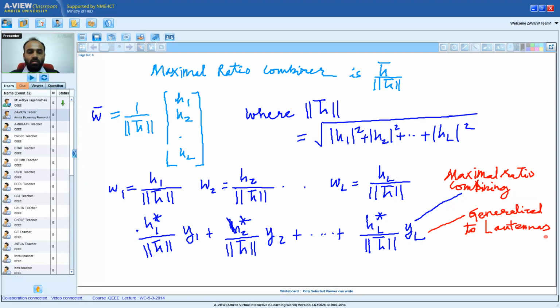Now therefore in this maximal ratio combiner, what is the SNR at the receiver? Can someone tell me, if I use this maximal ratio combiner, what is the SNR at the receiver?